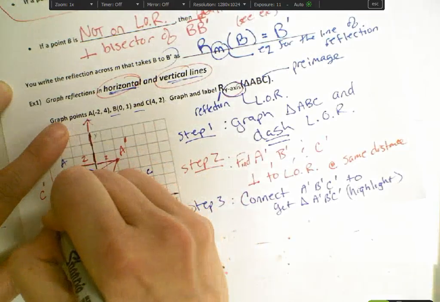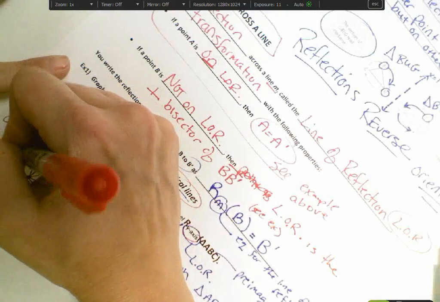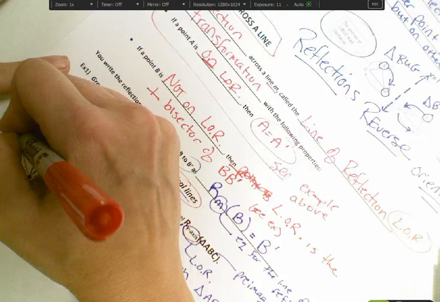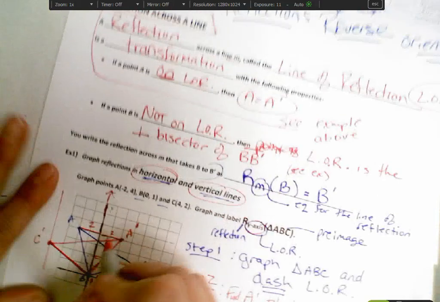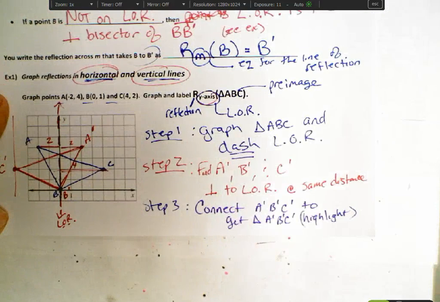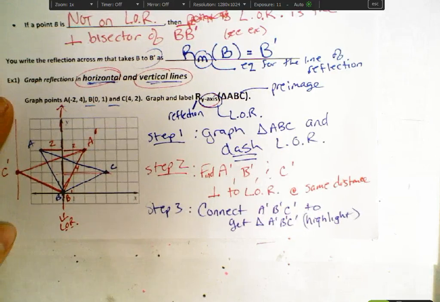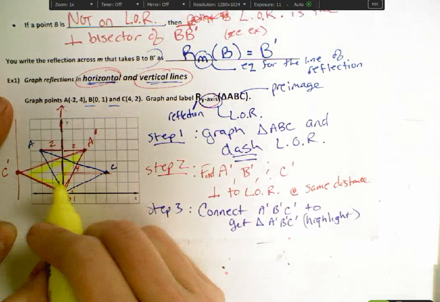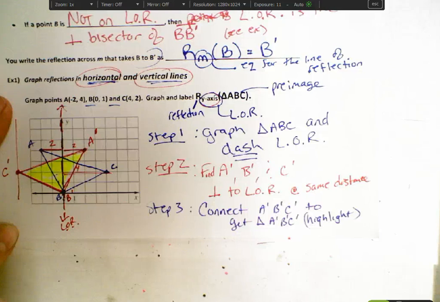This transformation happens to be a reflection over the line x equals 0, or the y-axis. So that becomes my reflected image, and I'm going to highlight my reflected image. Okay, not too bad. So let's try another.